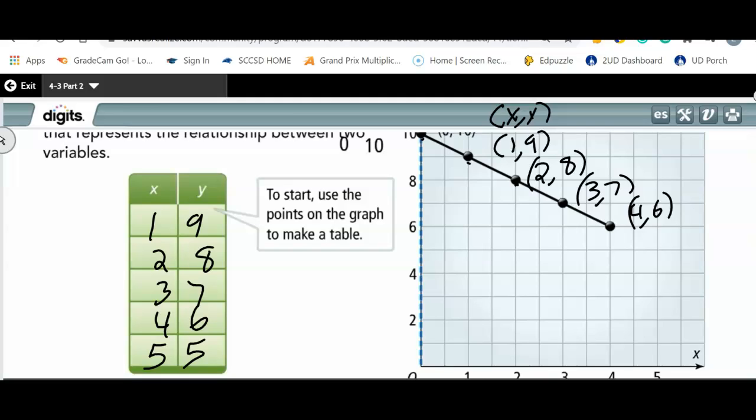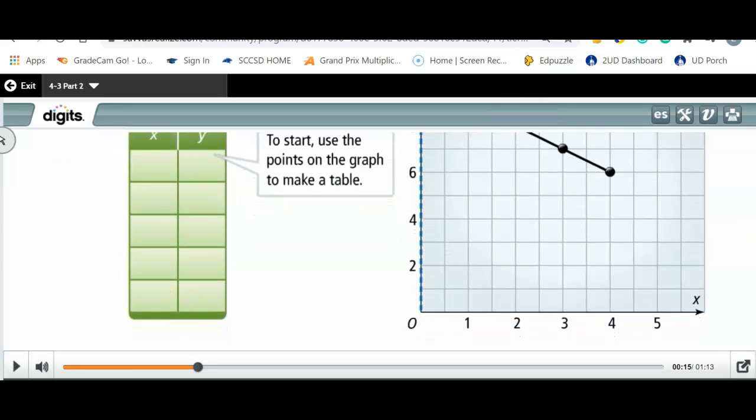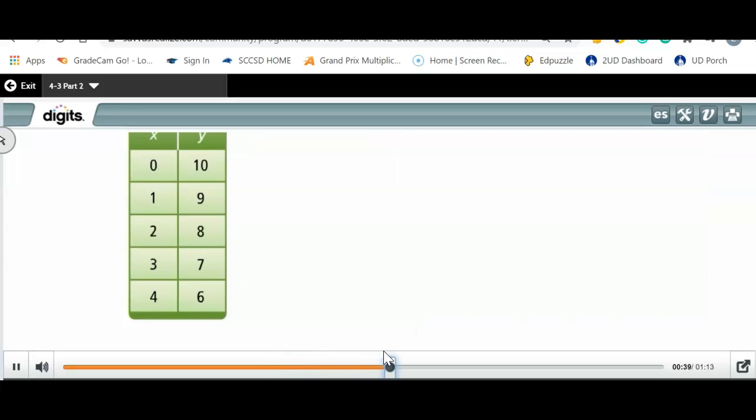All right. So now what I want you to do, we need to come up with the equation. The second point on the graph is at 1, 9. Look for a pattern in the table.